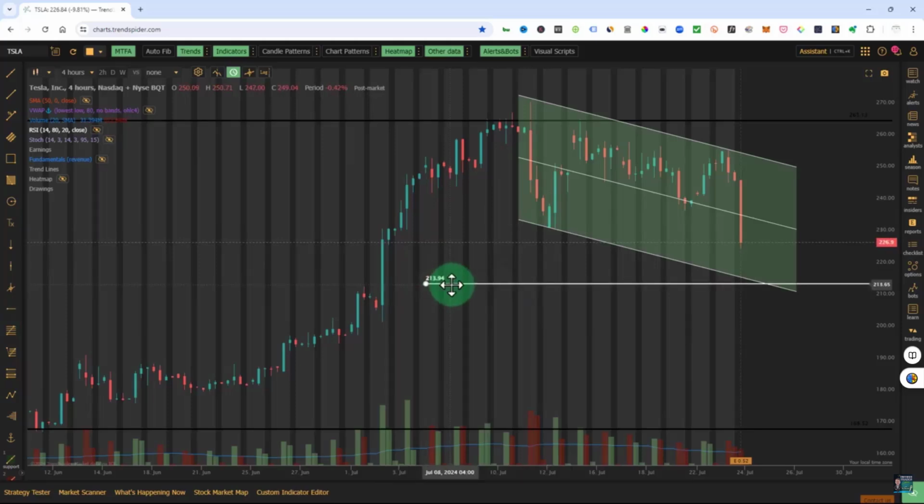In all probability, this is where we're going to see our first bounce. You don't have a lot of support within this range. I mean, even the TrendSpider algorithms have no support lines to offer. So in this case, we need to do it old school. Expect support down between 216 and 214 per share.